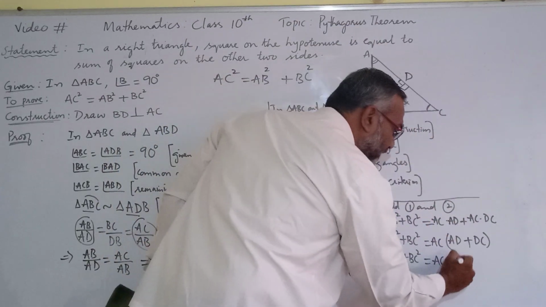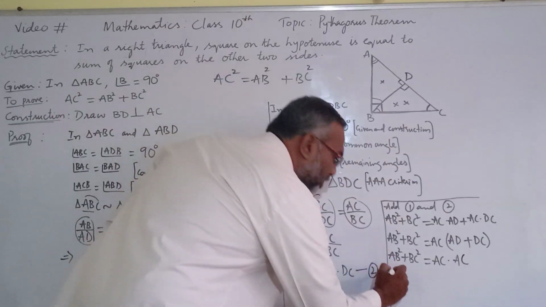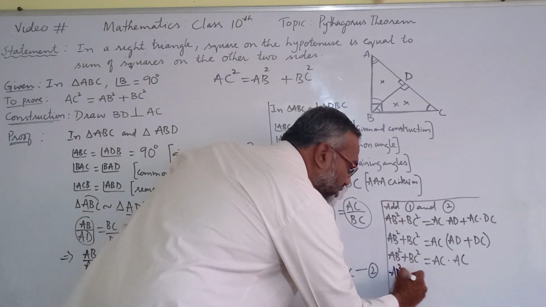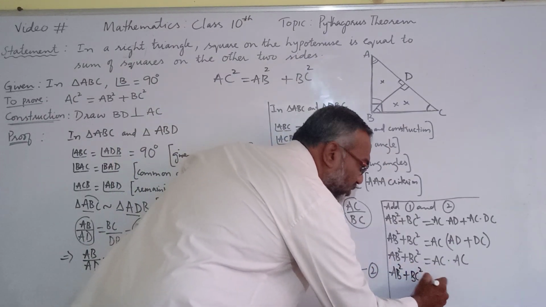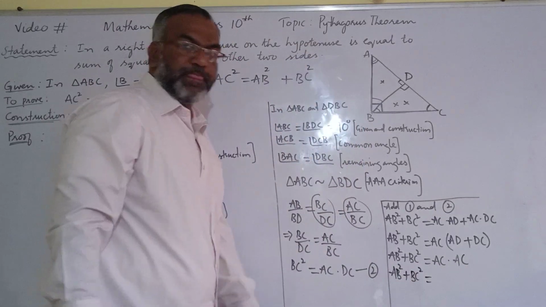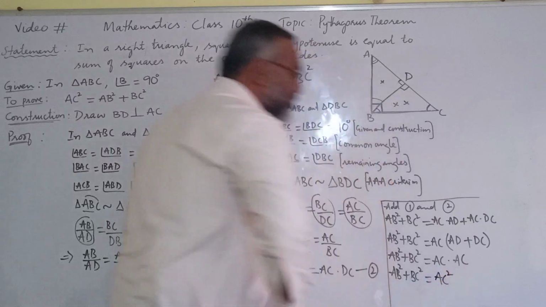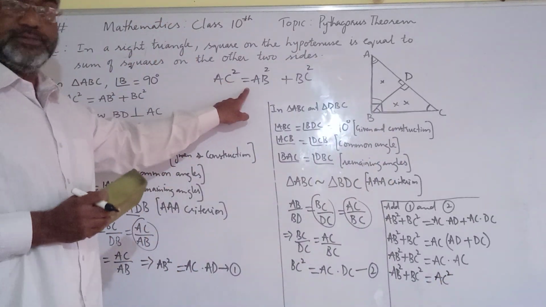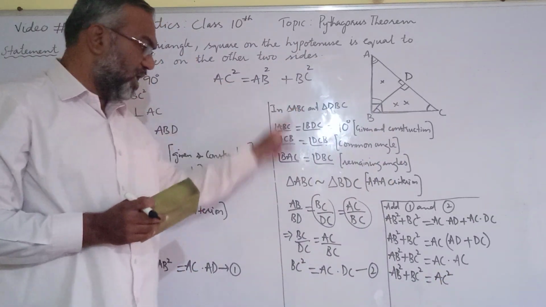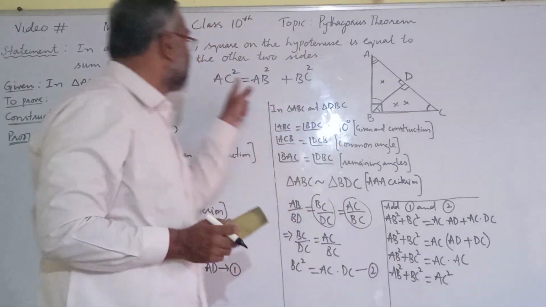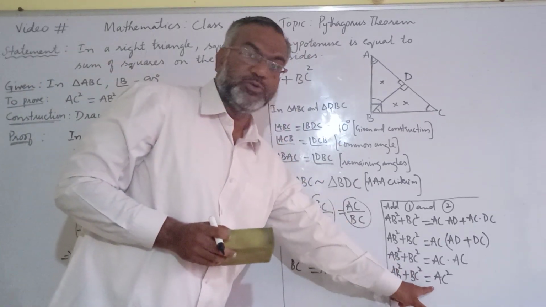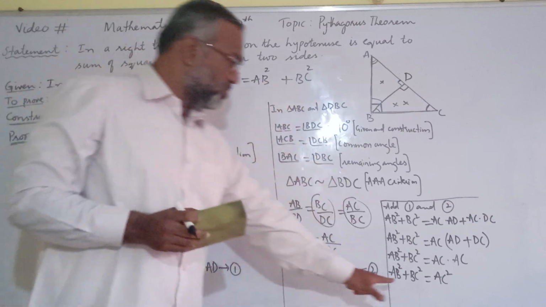Now, therefore, AB square plus BC square is equal to AC into AC, and AC into AC is AC square. Oh, we got it. We got the required equation. See, AC square is equal to AB square plus BC square.